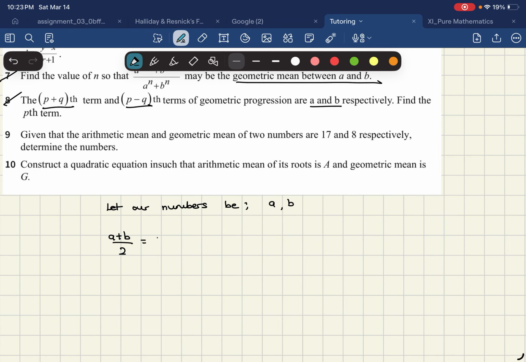And now let me use the quadratic formula to solve for b. b is equal to negative of negative 34, so 34, plus or minus the square root of 34 squared, which is 1156, minus 4 times 1 times 64, which is 256. You get 900 here, divided by 2.